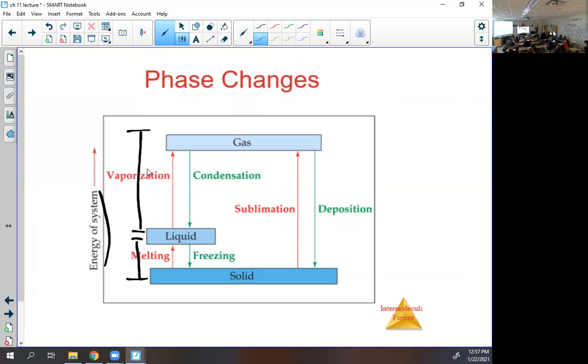Now that's not drawn very well, and it's not to scale, but definitely you need to be able to understand why it takes more energy to vaporize than to melt. Think that over just in your own head, quietly. Why does it take more energy to vaporize than to melt? Don't say anything for a minute.